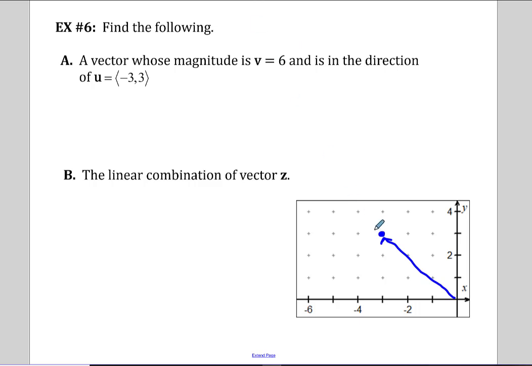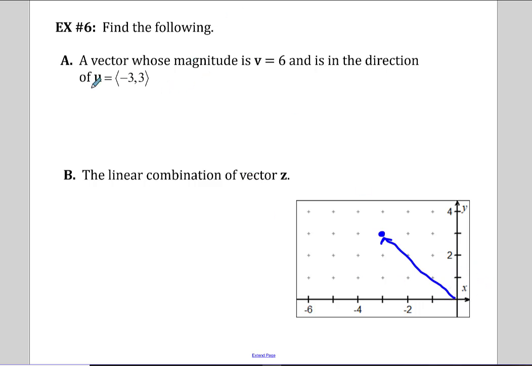So we're looking for the endpoint of some vector out here so that the distance from here to here is 6. We're trying to create that. And that's our task here. So first things first, we want to find what is the magnitude of this vector and what's the direction angle that it's heading in.